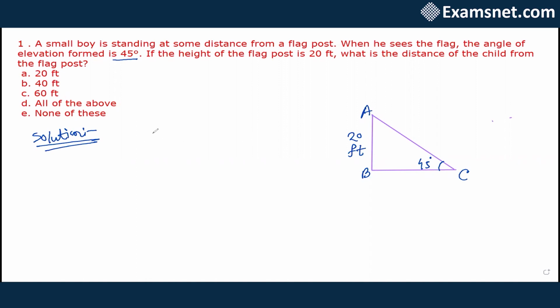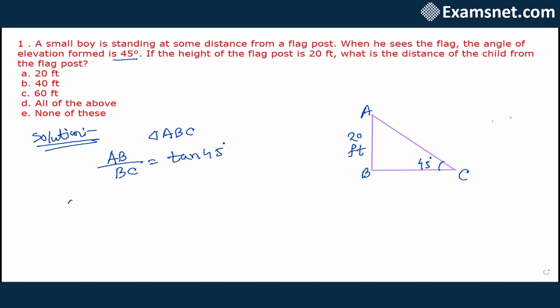First, consider triangle ABC. Okay, in triangle ABC, we can write the ratio of AB and BC equals tan 45 degree, because here we are considering the angle C. So AB by BC equals tan 45 degree. Now, please put all the values.